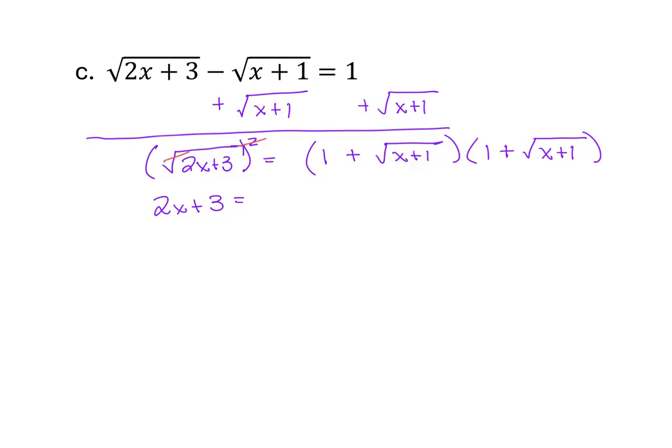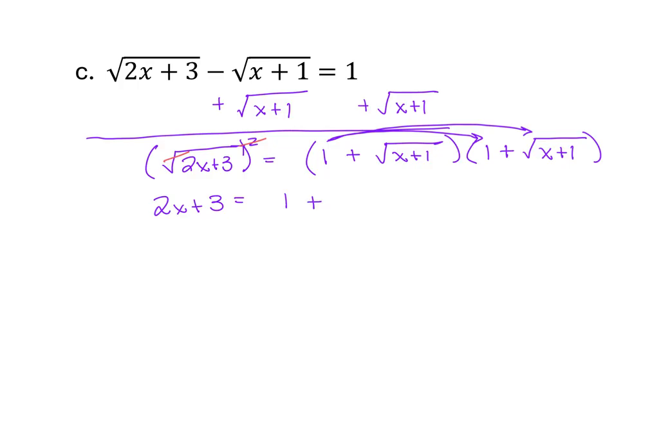Now on the right, we're going to go ahead and FOIL. So we're going to start with our firsts. If we multiply our firsts, we get 1 times 1 is 1. Now when we deal with these square roots, don't worry so much about what they are, okay? If we multiply 1 times something, we just get that something.